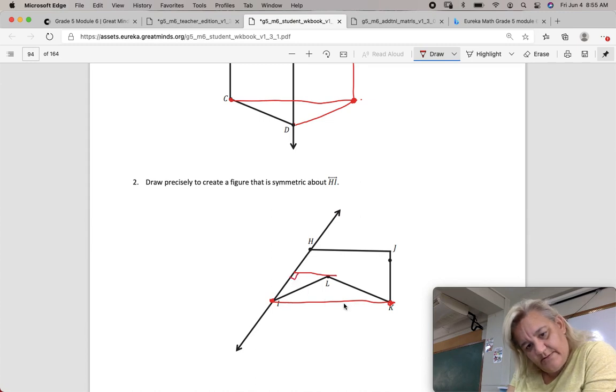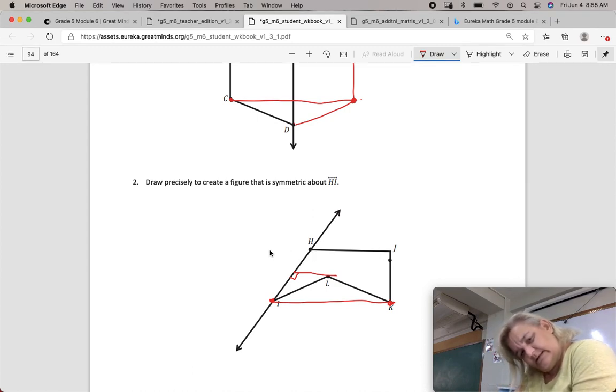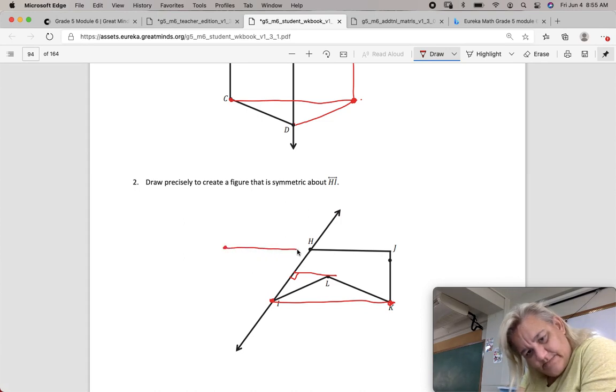Then I'm going to repeat those on the other side. And this one, that's not a right angle at all, is it? Oh my gosh, that line's hard. That's okay. I can just measure it and draw straight across, like nice straight lines.